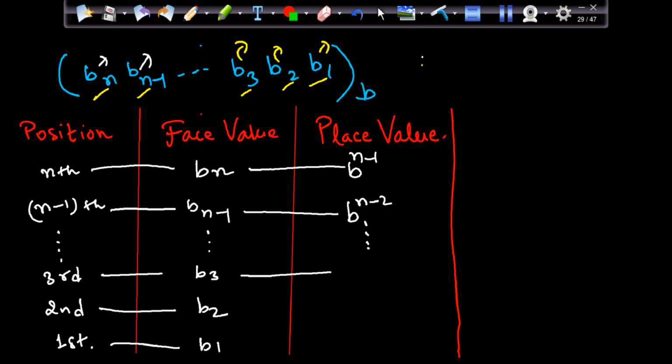The place value at third position is b square. The place value at the second position is b. The place value at first position is b to the power 0, which is equal to 1.